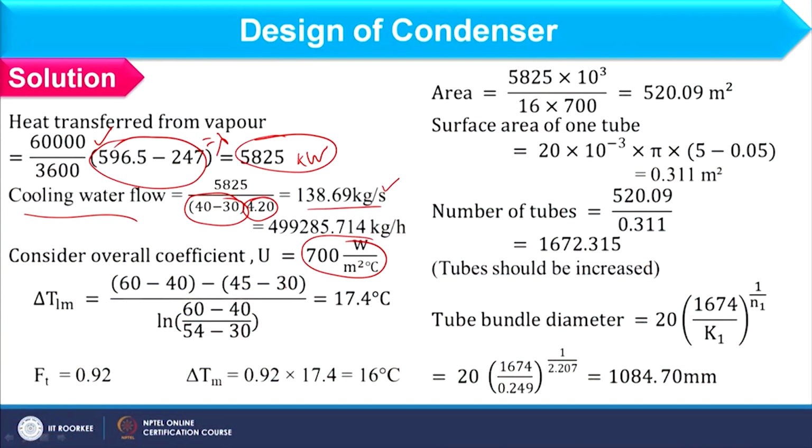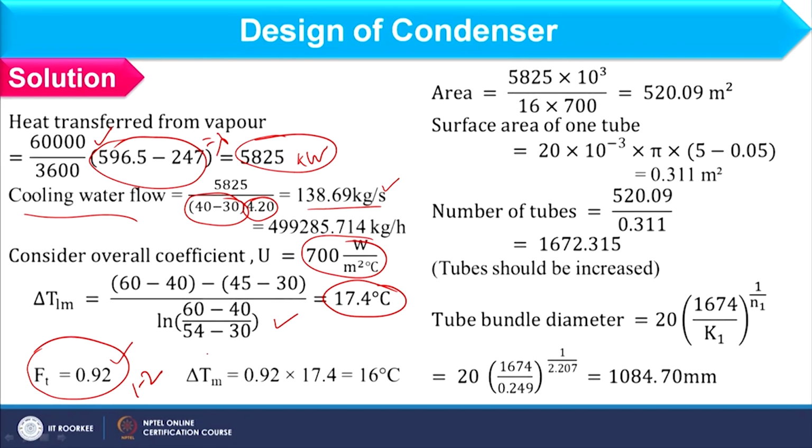So, first of all we will consider the log mean temperature difference, which comes out as 17.4 degrees Celsius. The FT value we can obtain from the 1-2 pass shell and tube heat exchanger graph, where depending upon the R and P values you can read the value of FT, which comes out as 0.92.